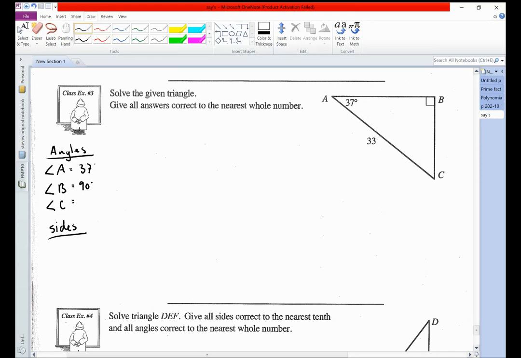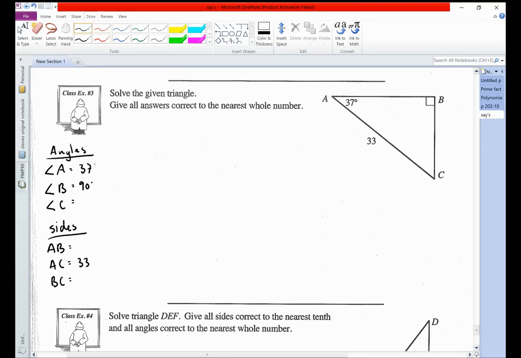And then for my sides, I have AB, AC, and BC. So I know AC is 33, and I can find the other ones hopefully.